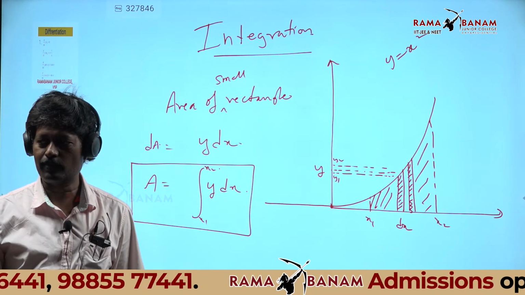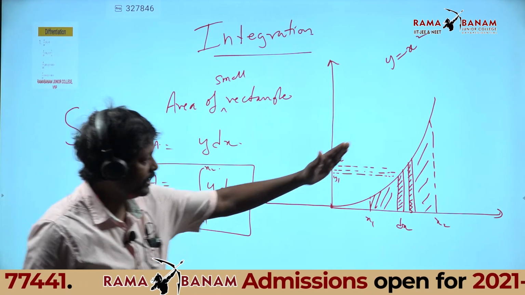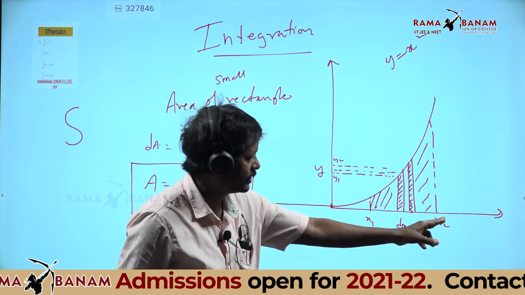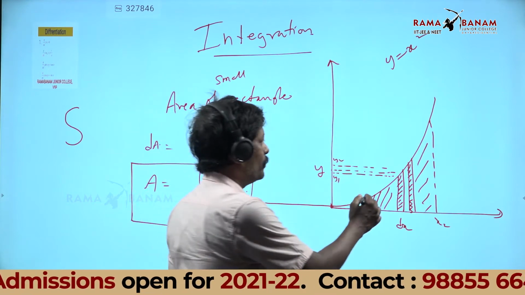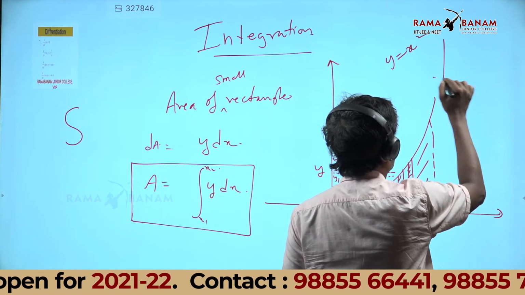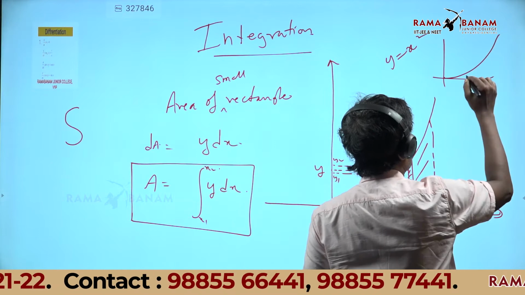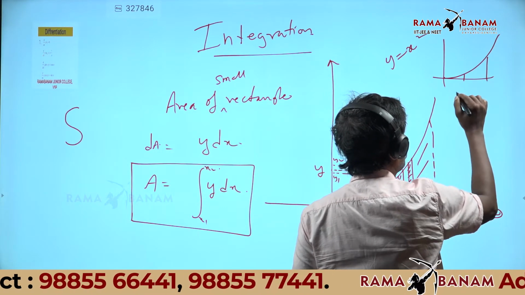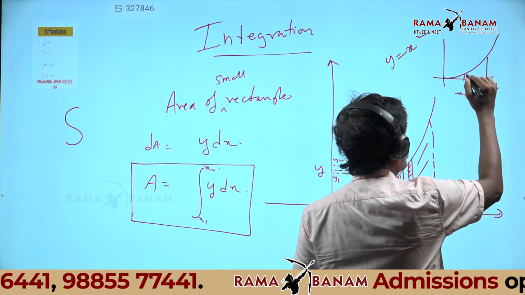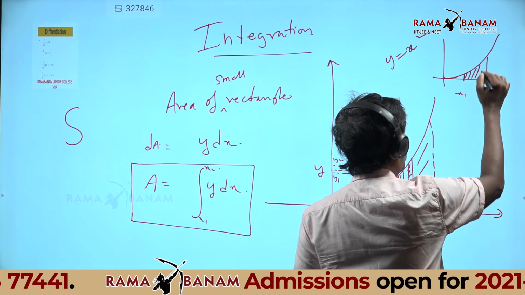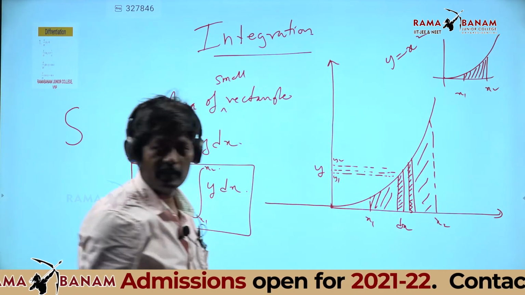Look at that figure properly. I will get the area under the curve from x1 to x2. The beautiful point here is the curve is like this. If I want the area between x1 and x2, this area is not a standard geometrical figure.